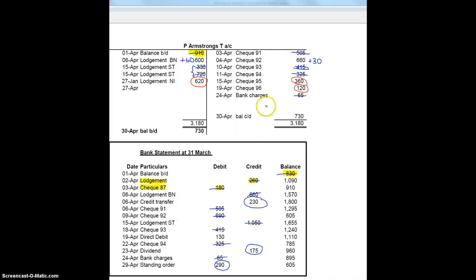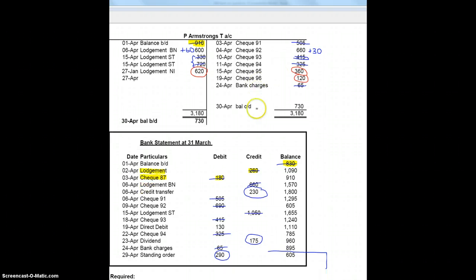So basically the adjusted bank statement is going to start here with the 605, and all we're going to do is show the items that haven't yet been presented for payment, which are two checks, checks 95 and 96 for 360 and 120, so minus 360, minus 120, and then there's a plus 620 lodgement put in at the end of January, hasn't been processed by the bank, but when it does, that's going to be 620 added in.